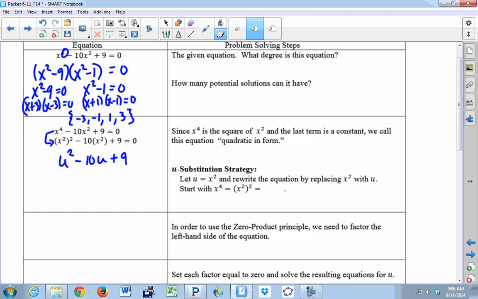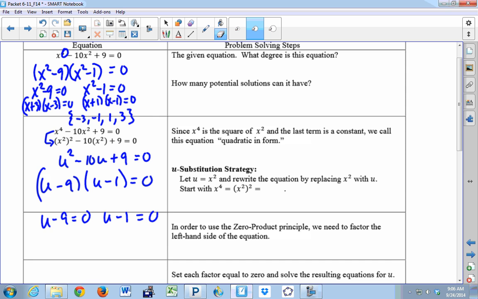So this now looks like this. When I substitute x squared, which equals u, into this equation, this now looks like an equation you can solve. And guess what? We just solved this a minute ago. Now you would solve it as you normally would factor a quadratic. You would set each factor equal to 0, just like we have always done.